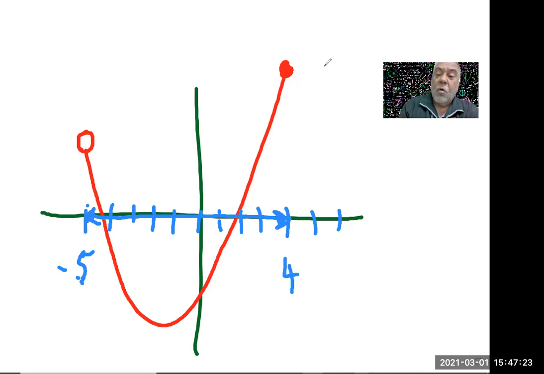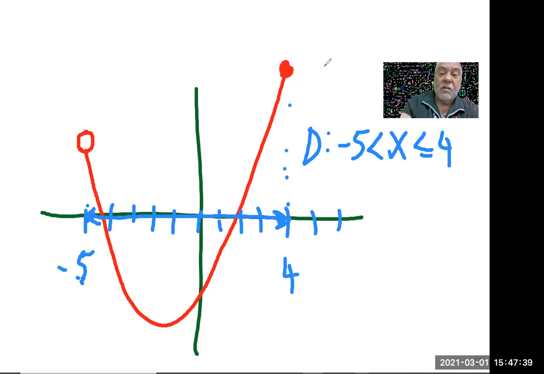So the domain, you say, is -5 is less than x. Remember, domain is x, which is less than or equal to 4, because it can be equal to +4 because it has a closed circle. But it can't be equal to -5 because it has an open circle.